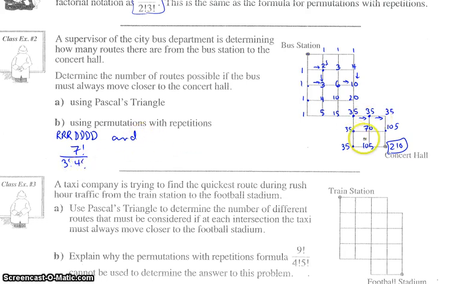And then this one is 2 rights and 2 downs, so that would be a 4-letter word, 2 repeats for D's and R's. The word is "and" because once we get to here, we have to still continue on. It's not that you can do this part or this part. You have to do both. So multiply those. And if you try that on the calculator, we should end up with 210 ways.